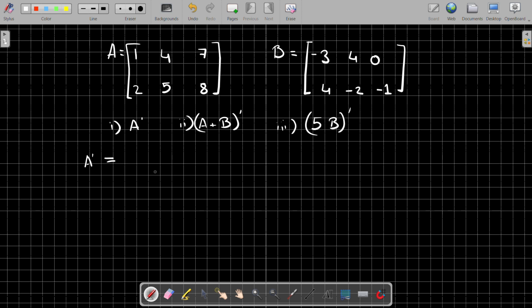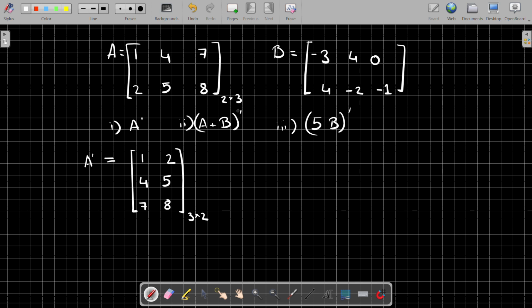A transpose will be found by interchanging rows and columns. This was a 2 by 3 matrix, so this will become a 3 by 2 matrix, 3 rows, 2 columns. So A transpose will be 1, 2, 4, 5, 7, 8. This is our A transpose, order 3 by 2.